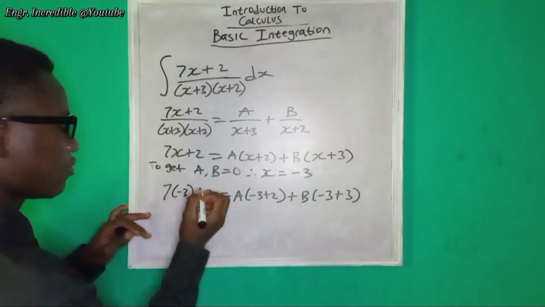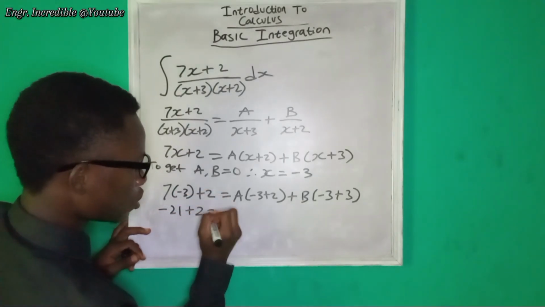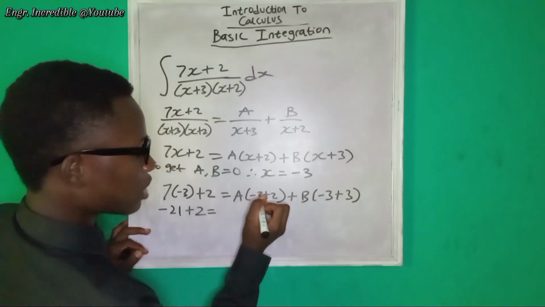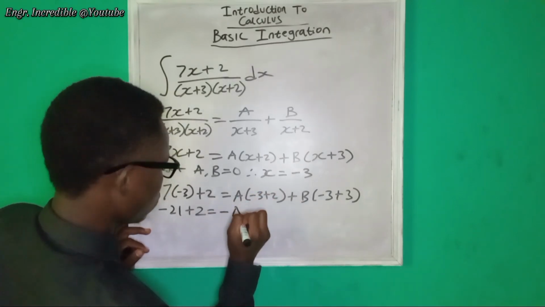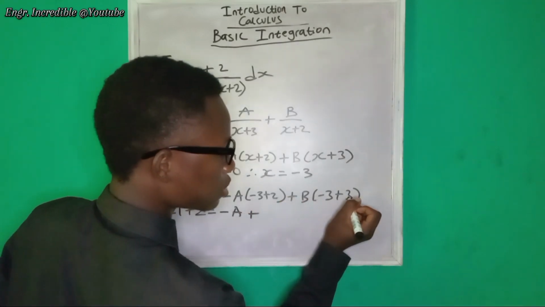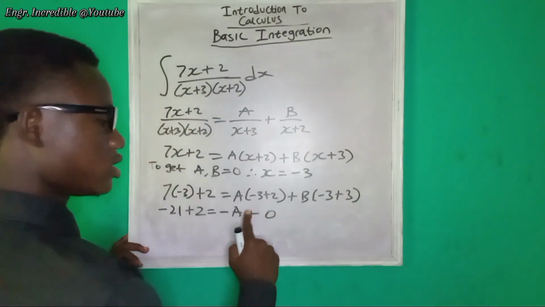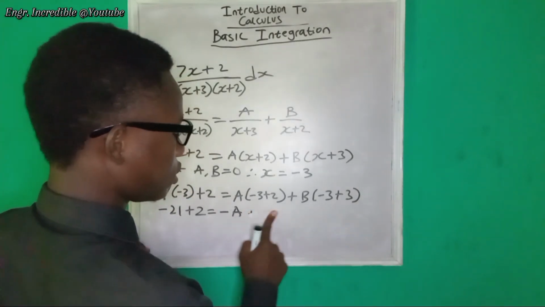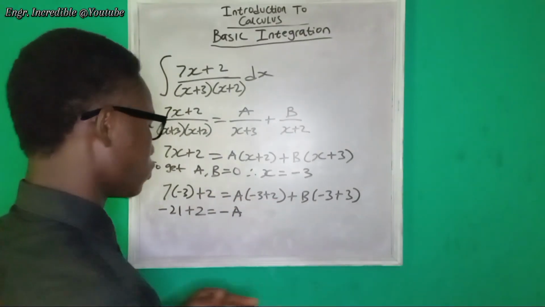We simplify: 7 times -3 is -21, plus 2, equals -3 plus 2 which is -1, so -1 times A, that is -A, plus B times (-3 + 3), which is 0, and 0 times B is 0. So we have achieved our mission of making B 0.